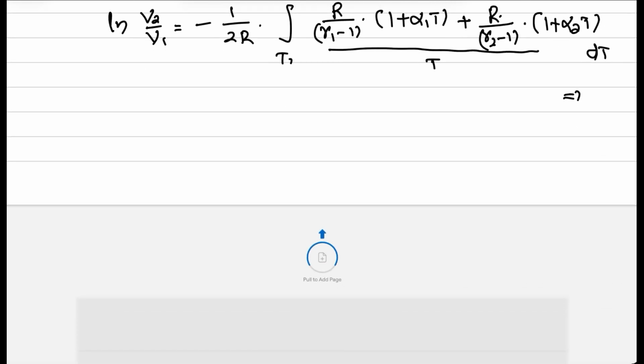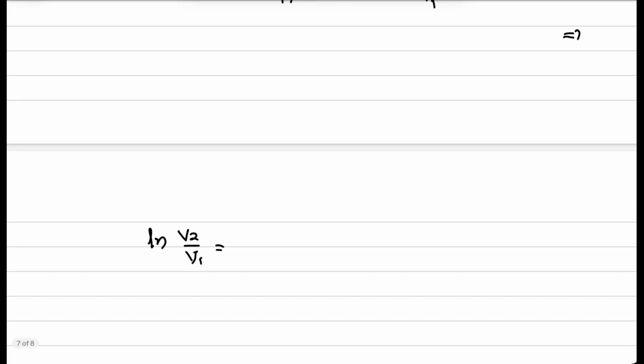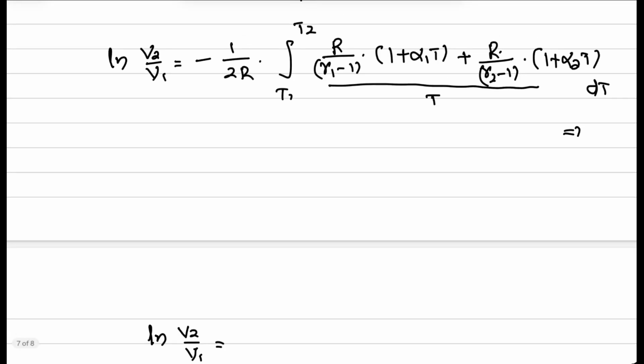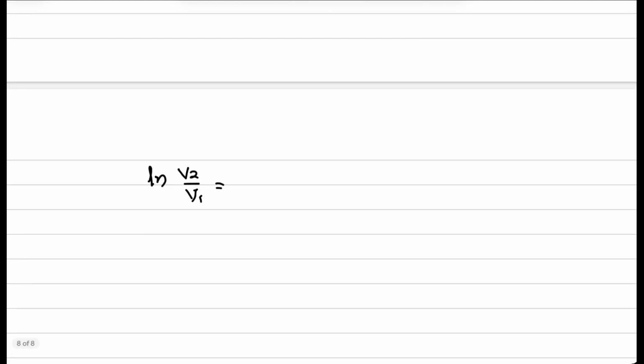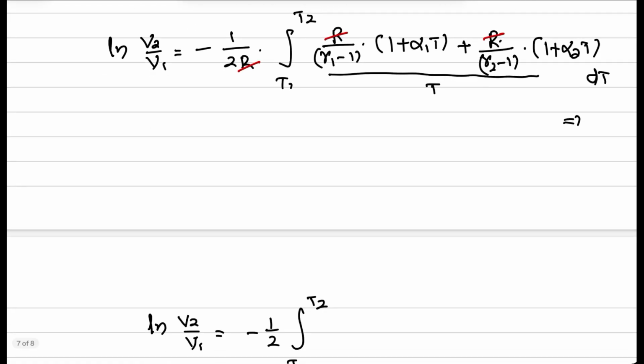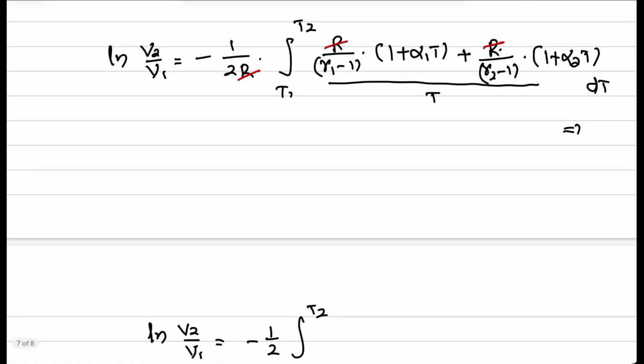Now, ln V2 by V1 is equal to minus 1 by 2R. Here R, here also it is there, R is a constant, universal gas constant, R gets cancelled, then it will be minus 1 by 2 integral T1 to T2. Gamma 1 is 1.6.